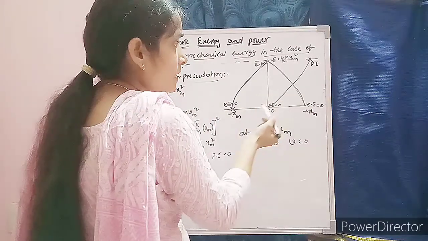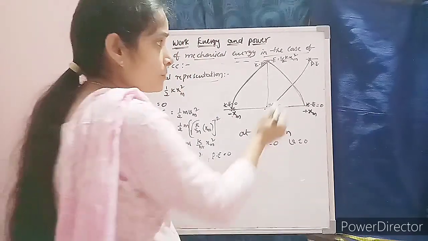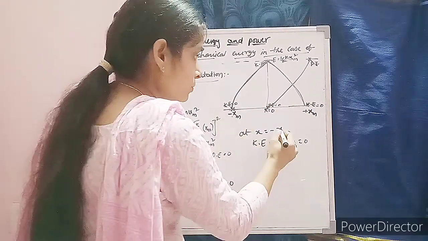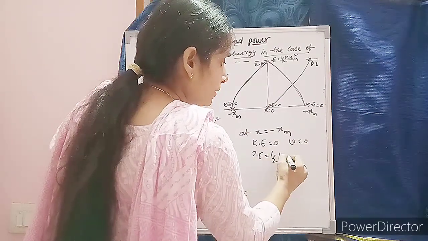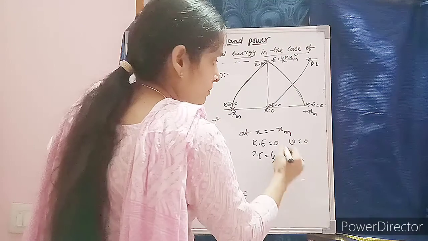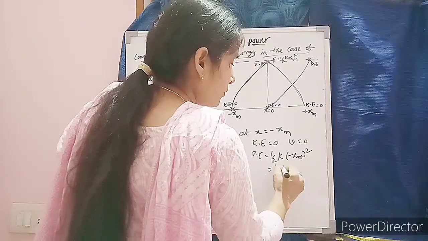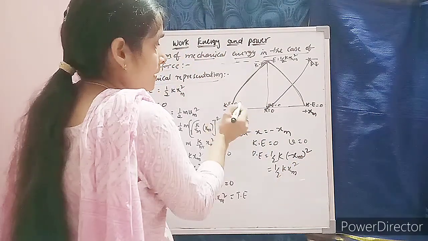Similarly for the potential energy, at x is equal to plus xm the potential energy is maximum, it becomes 0 at x is equal to 0, and at x is equal to minus xm the potential energy is half into k into x square, so minus xm whole square, that is equal to half into k xm square. It becomes maximum at extreme position.